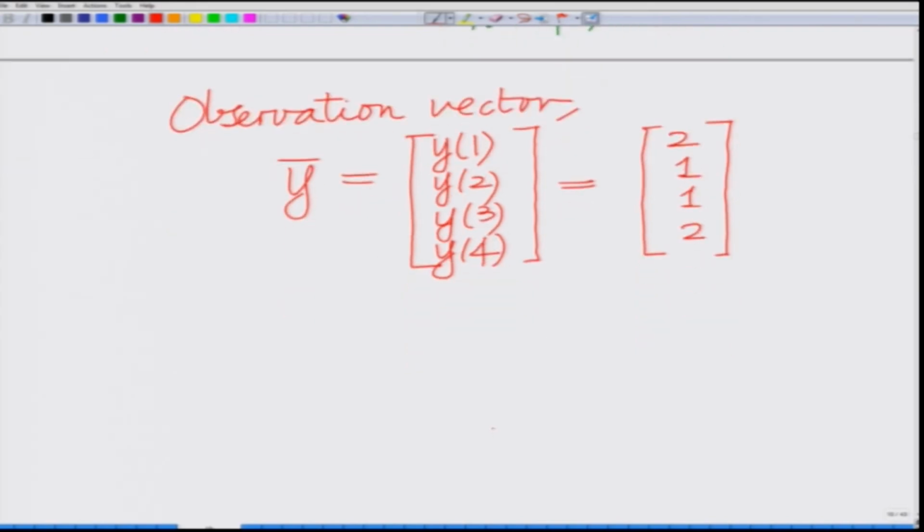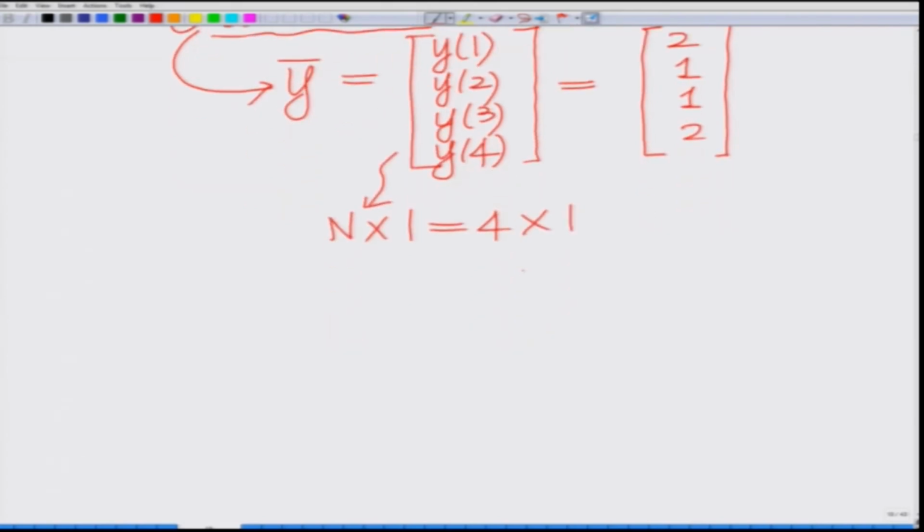And now recall, this is your observation vector. Okay. So, observation vector is y bar, and y bar is n cross 1, this is equal to a 4 cross 1 observation vector.